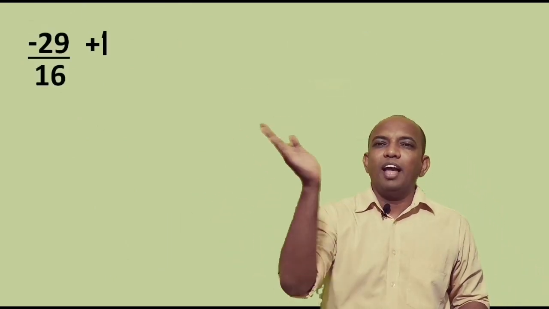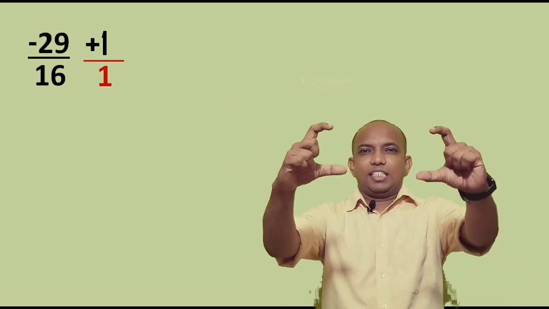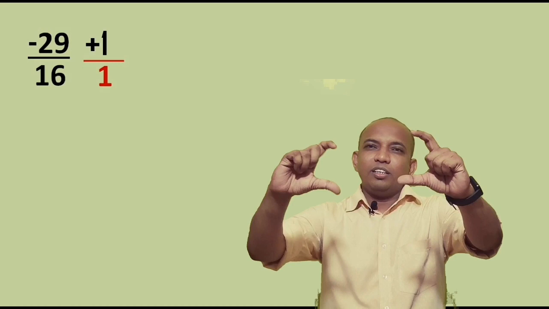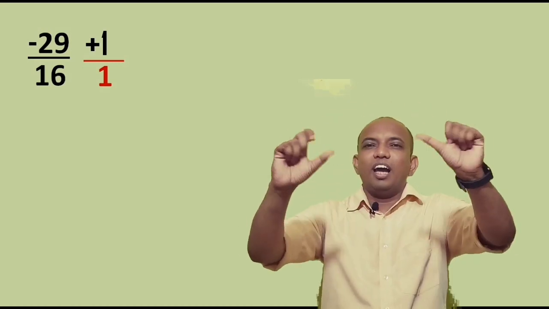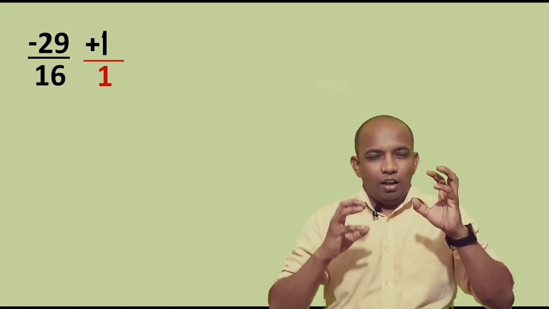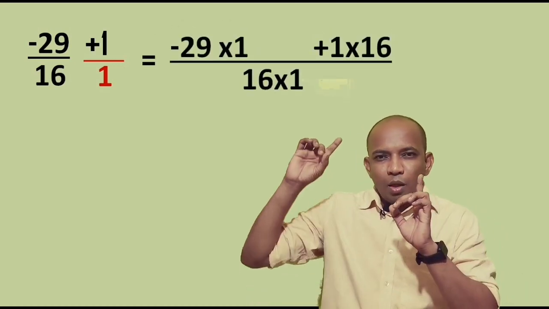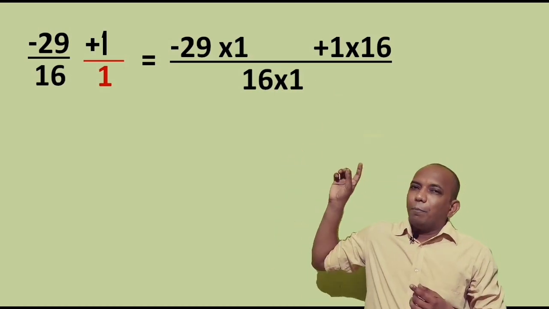Again, a normal number and a fraction. So we have to consider 1 in the denominator. After this, thumb dance. What to do? 1 into 29, 16 into 1, and then 16 into 1 again. Correct? Now think. Minus 29 into 1. What do we get as the answer? Minus 29.